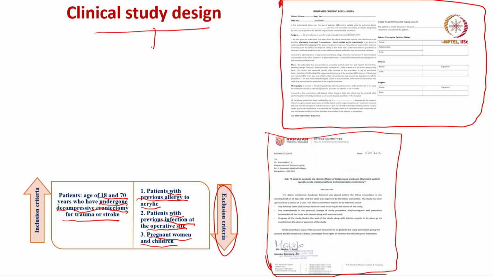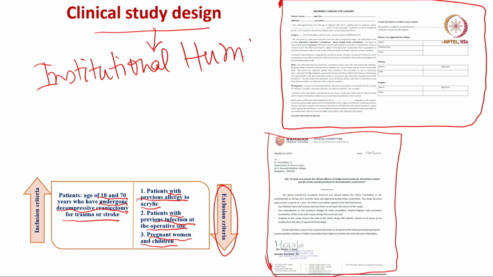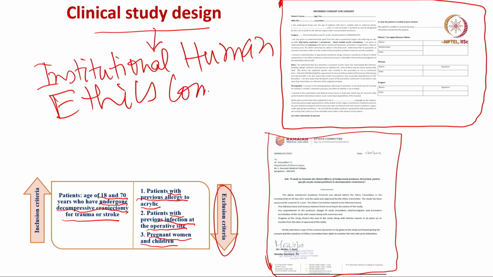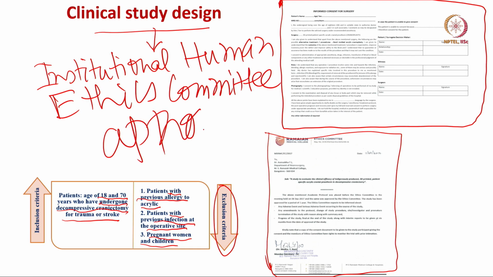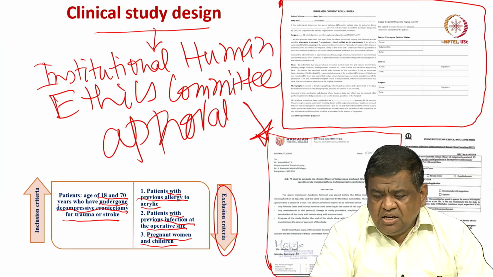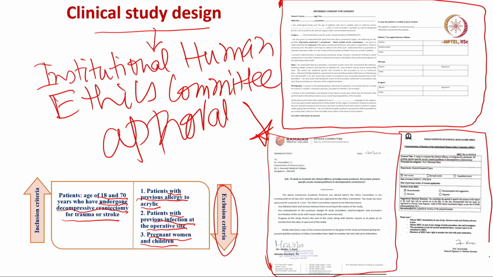First is the clinical study design, then the Institutional Human Ethics Committee approval, and then comes the hospital's ethics committee approval. Then one has to get the CTRI approval. This is the Indian Institute of Science Institutional Human Ethics Committee approval.